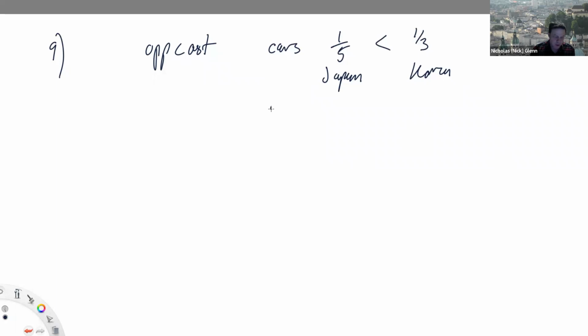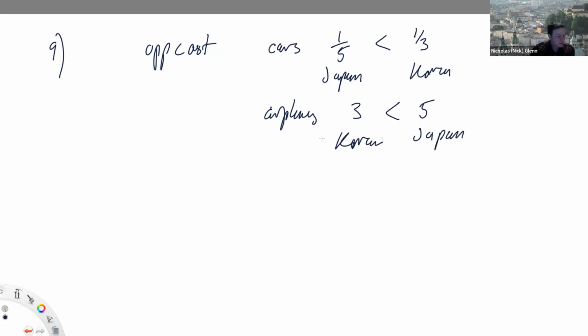Well, what about the opportunity cost for airplanes? Well, for Korea, it was 3 cars. But for Japan, it was 5 cars. All right, so Korea had a comparative advantage in these.